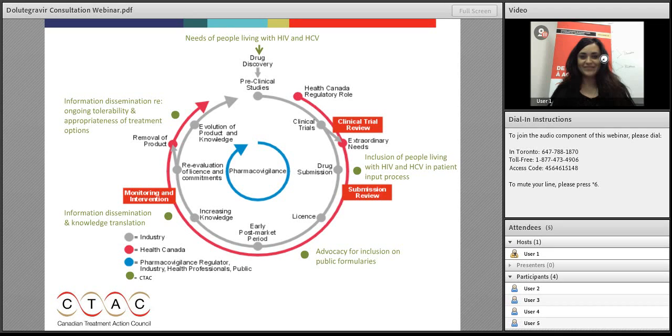So one of the things that CTAC really does throughout is engage with regulators and industry to ensure that the needs of people living with HIV and hepatitis C are reflected in this entire process. And you can see at the point of drug submission over here, and this is what we're really hoping to achieve today, is that CTAC works to ensure the inclusion of people living with HIV and hepatitis C are represented in the patient input process.